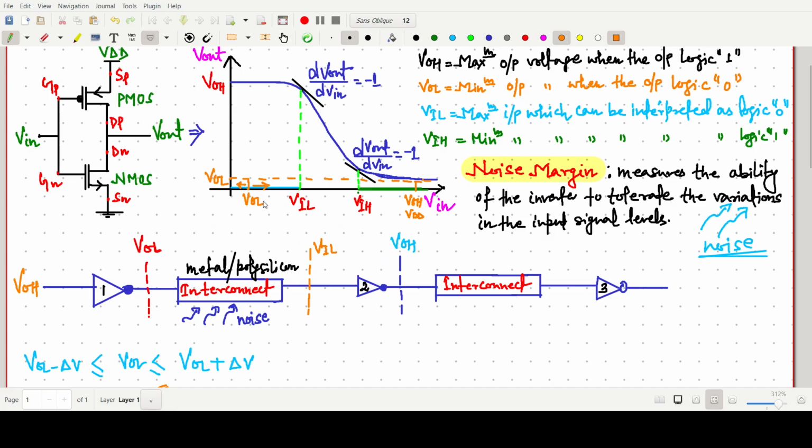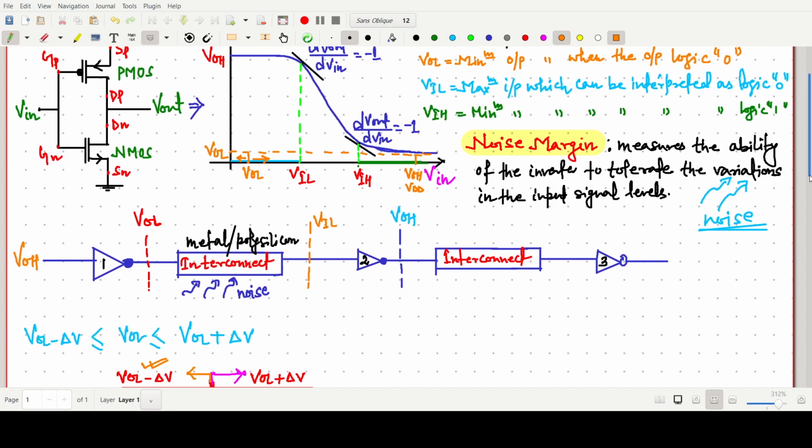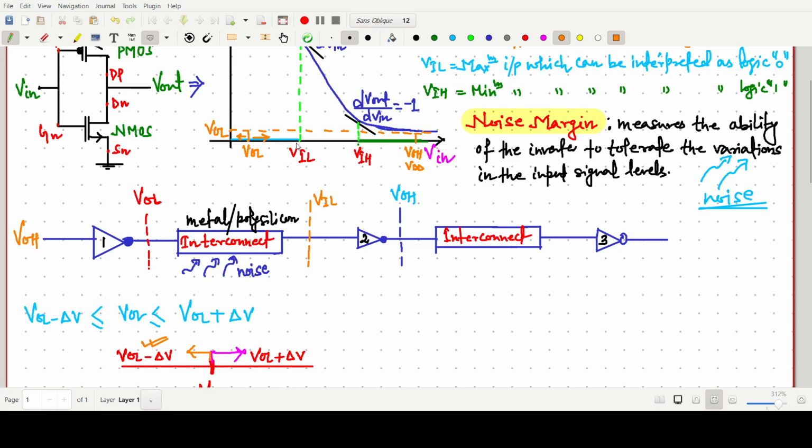So in between VIL and VOL, this much amount of noise margin is available. This is our NML, that is our noise margin for low input.